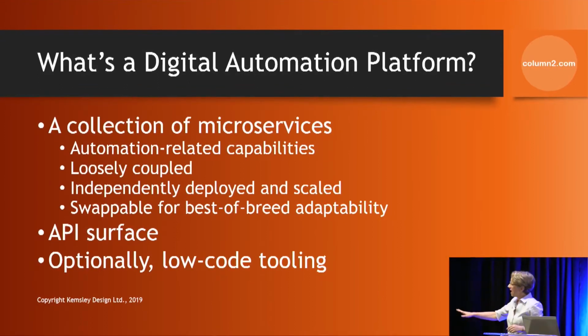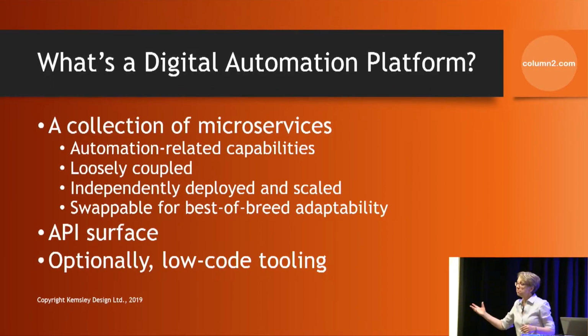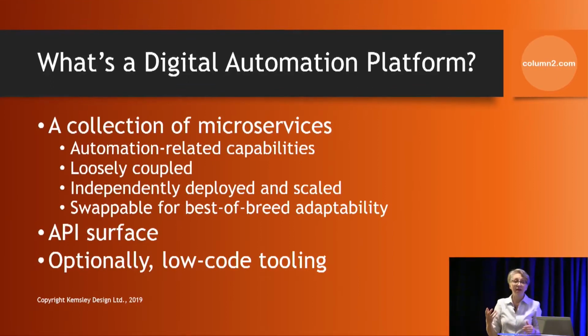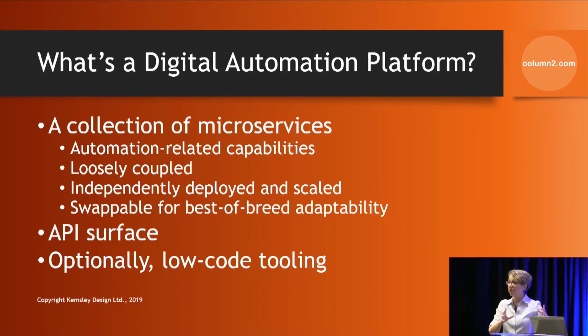You'll notice I have that as kind of an optional thing, because many companies don't think about that as being part of the digital automation platform that they're building. Some of them do, and there are some that I've worked with that want to build that low-code capability themselves on top of their platform. But usually they're thinking about serving the needs of the technical developers who are building the core business processes.